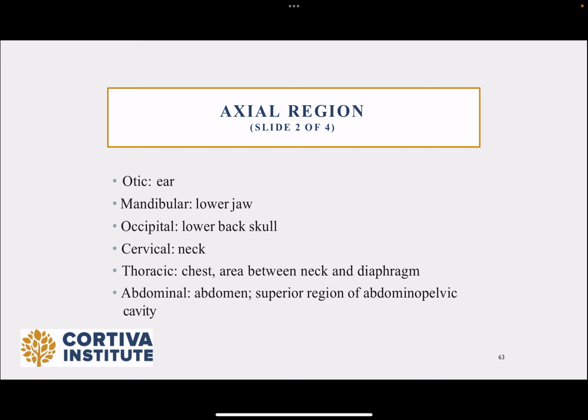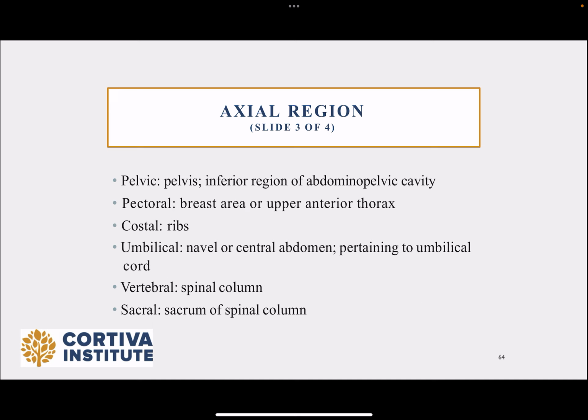And abdominal is, of course, your abdomen, the superior region of the abdominopelvic cavity. Pelvic, of course, is referring to your pelvis or the inferior region of that cavity. Pectoral is the breast area or the upper anterior thorax. Costal are your ribs. Umbilical, think of your umbilical cord. This is your belly button.